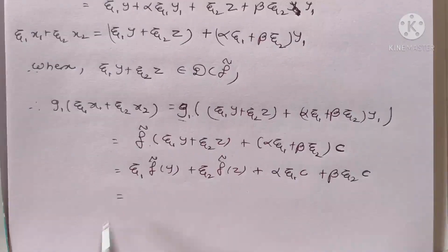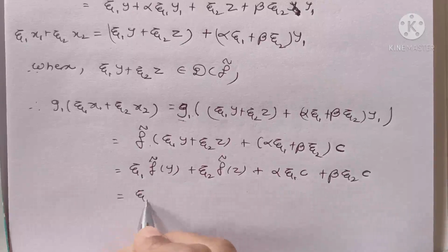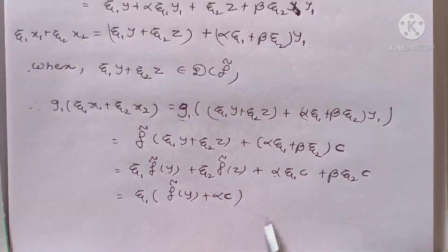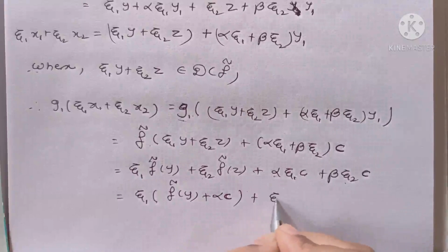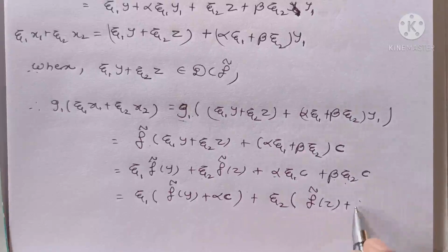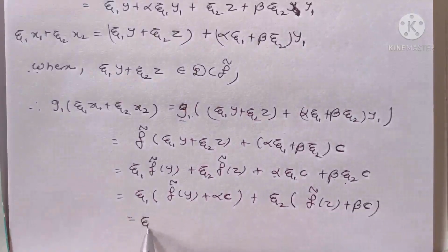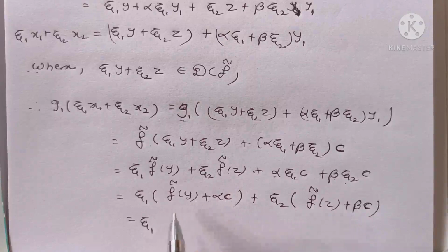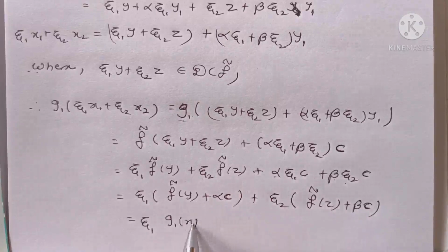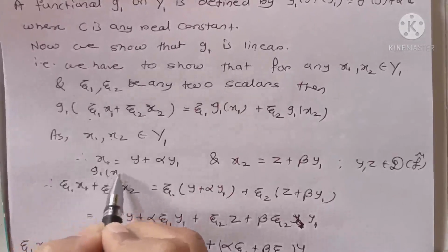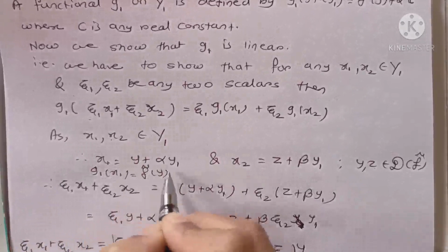Now, taking xi1 common, we can write xi1 into f tilde of (y plus alpha c) plus, taking xi2 common, xi2 into f tilde of (z plus beta c), and it equals xi1 into, now f tilde of y plus alpha c is nothing but g1 of x1, because here x1 equals y plus alpha y1, and therefore g1 of x1 equals f tilde of y plus alpha c.